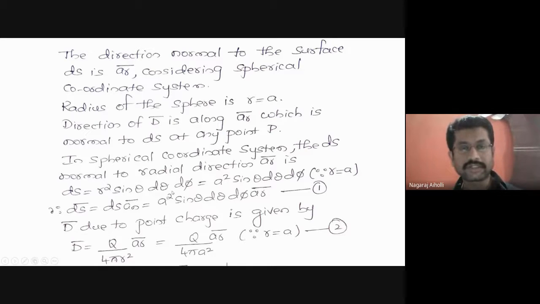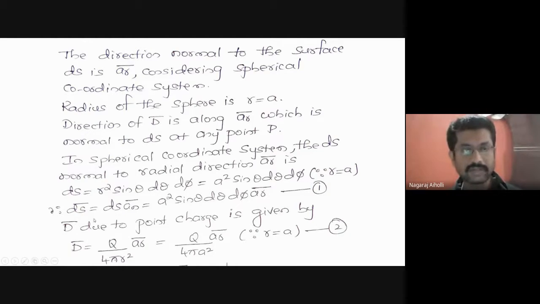We have taken r equal to a, so the radius is a. Substitute that: a square sine theta d theta d phi, because r is equal to a.